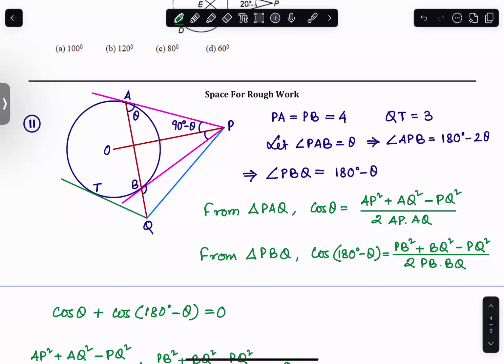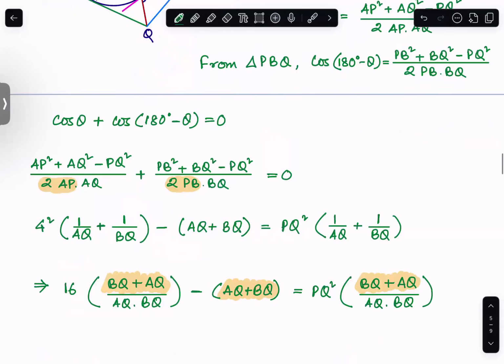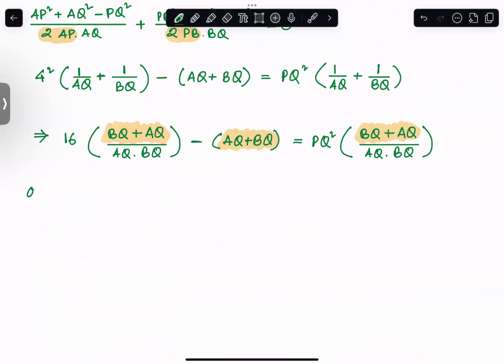Is it justified from the diagram? So it's 16 by 9.